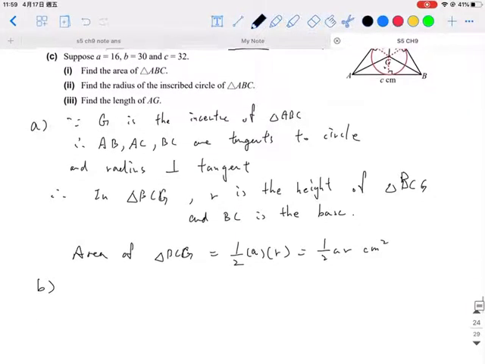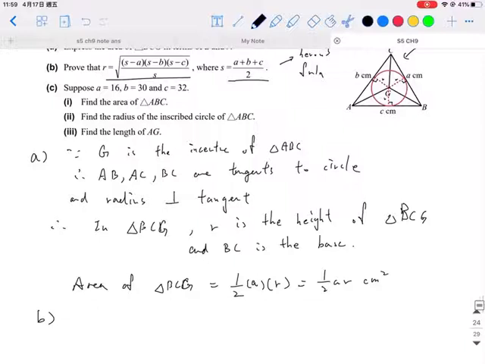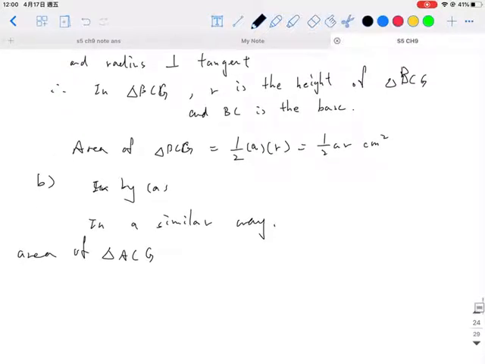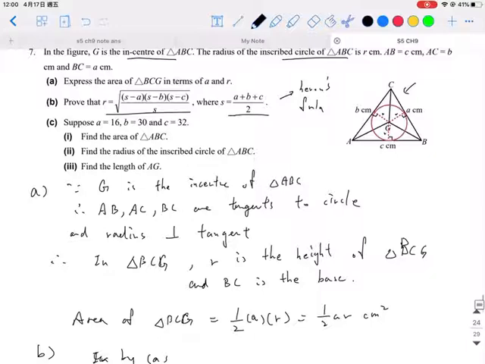In a similar way, we can get the area of triangle ACG and the area of triangle AGB.